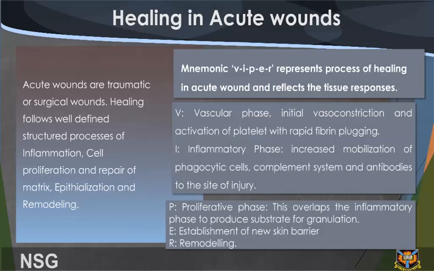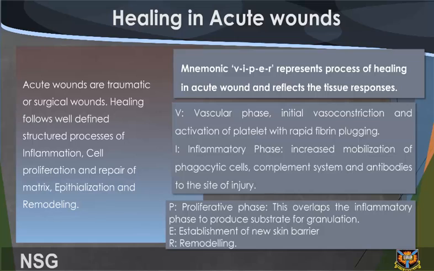Healing in acute wounds. Acute wounds are traumatic or surgical wounds. Healing follows well-defined structured processes of inflammation, cell proliferation and repair of matrix, epithelialization and remodeling. The mnemonic VIPER represents the process of healing in acute wounds and reflects the tissue responses.